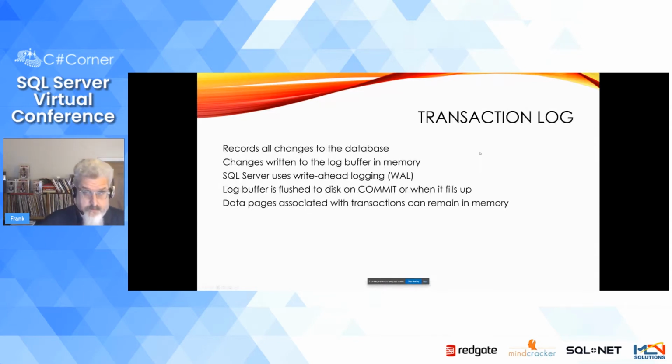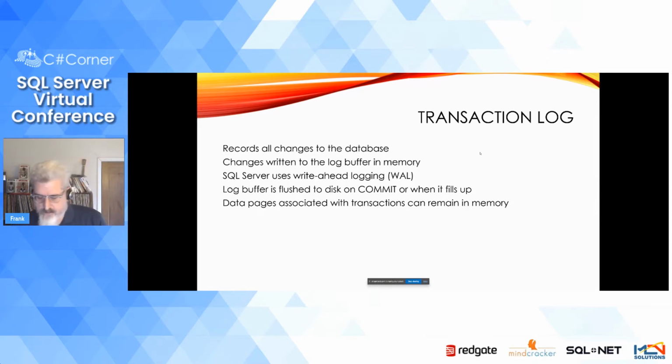So SQL Server, when you create a database, you get at least two files. You get a data file, and this is where your data is stored, and all of the information about your database schema is stored in that data file. But then all of the transactions that are run, and effectively anything that changes in the database, data or schema, is written into the transaction log.